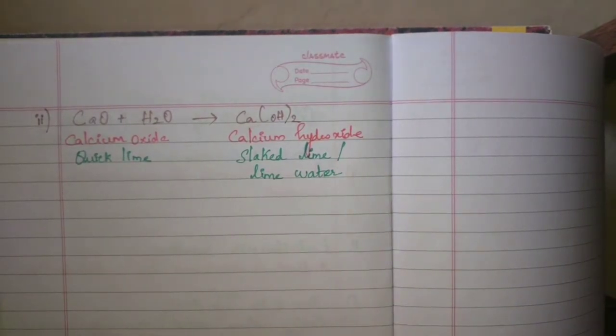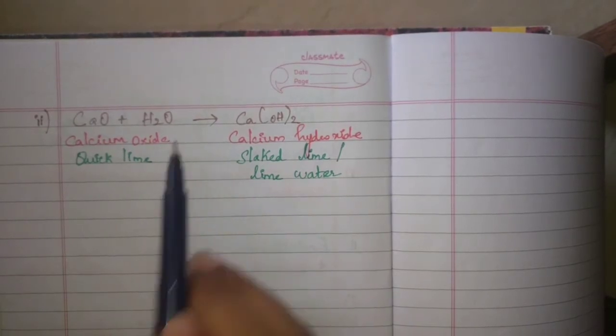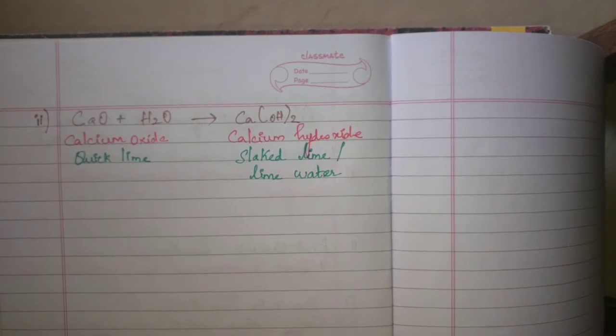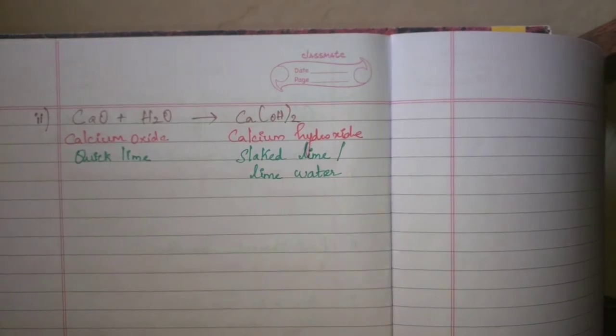Next one. During this reaction, heat is given out. So calcium oxide plus water forms calcium hydroxide and heat is given out. So this reaction is also an exothermic reaction, students. A small amount of energy is coming out.